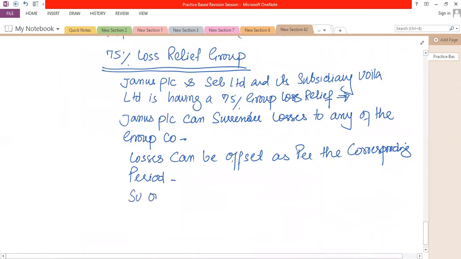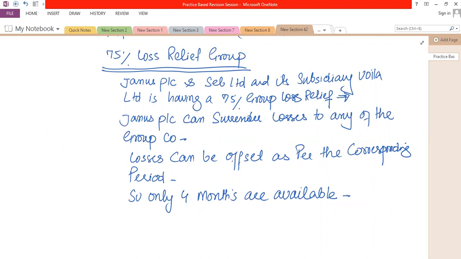So only 4 months are available. Look, I am writing each relevant point here. So we have to offset with the 4-month corresponding period, right? And no calculation is needed here because we have to calculate in the next part. This is the second option available.